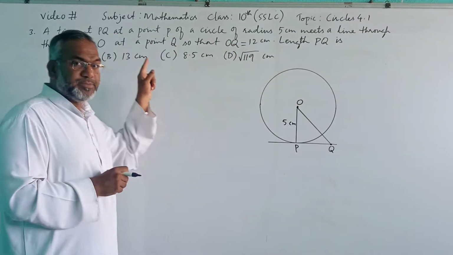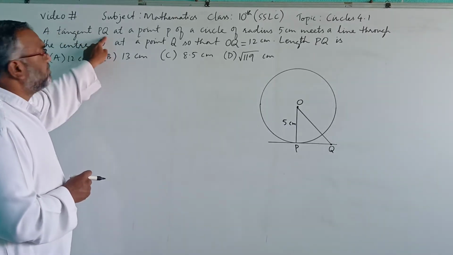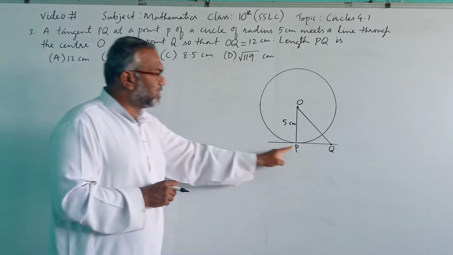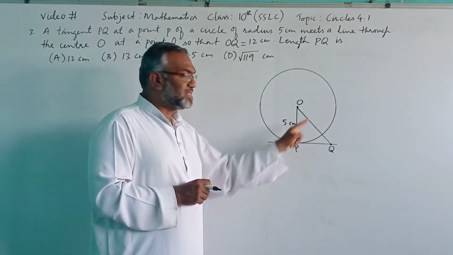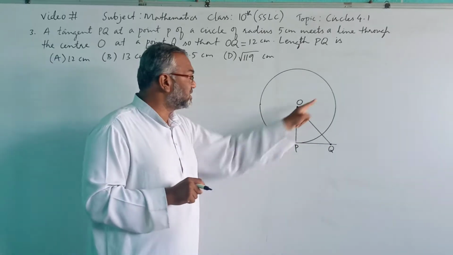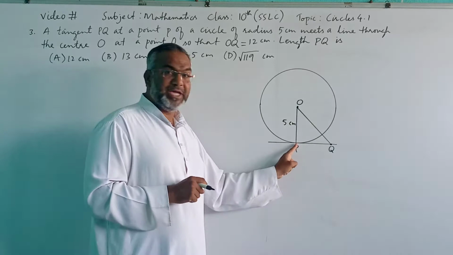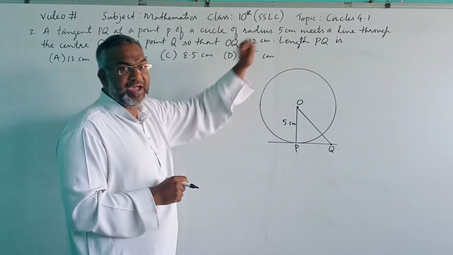And the question is, question number 3. A tangent PQ. PQ is a tangent to the circle, right? A tangent is a line that touches the circle at one point. So this tangent PQ is touching the circle at P, of a circle of radius 5 centimeters.